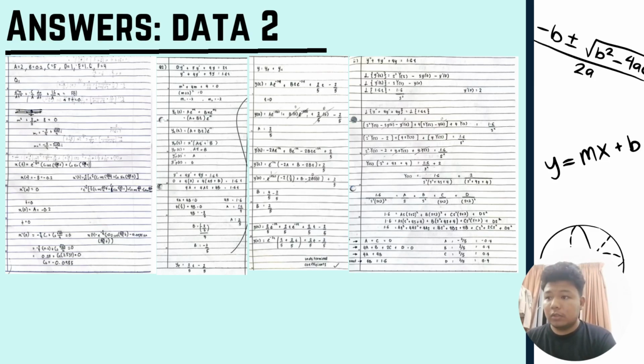For y particular, we can use at plus b, where y prime is equal to a and y double prime is equal to 0. So we plug into the equations to find the a and b values, which gives a is 2 over 5 and b is negative 2 over 5.